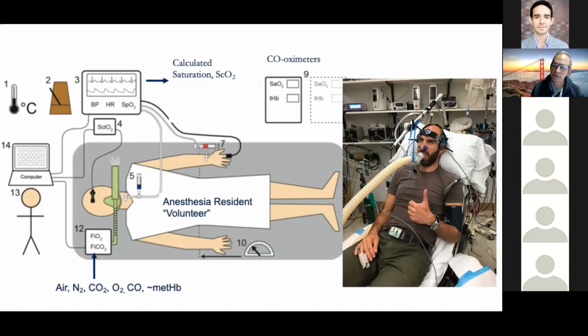We use a computer algorithm to estimate the saturation in the arterial blood. We can get very close to the desired level of arterial oxygenation with this technique. And even more important, we can do it in a way that's stable. So it provides a test bed for any sort of oximetry device that is being evaluated.